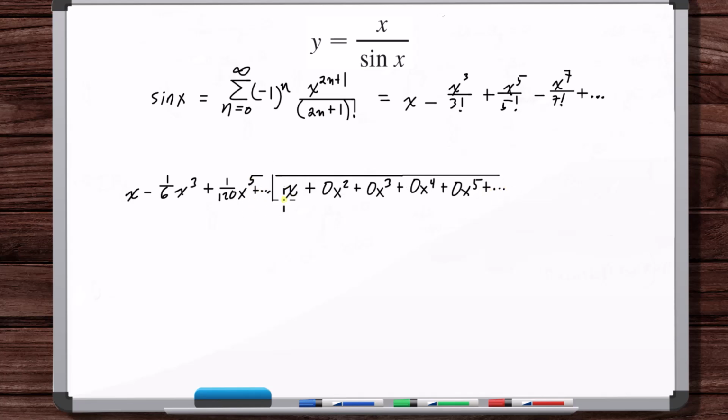Okay, what we do is we divide x by the first term, that's 1. And actually, I needed another placeholder. So zero plus x plus 0x squared plus 0x cubed plus 0x to the 4th plus 0x to the 5th.